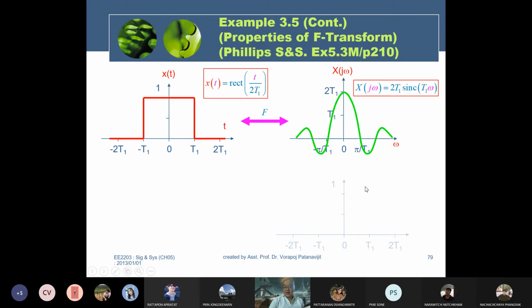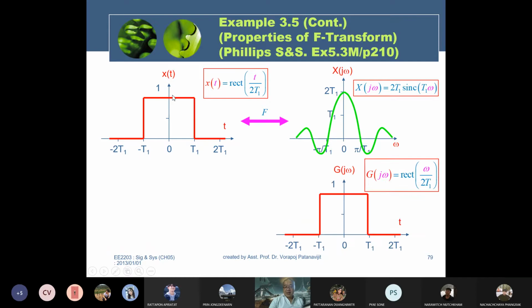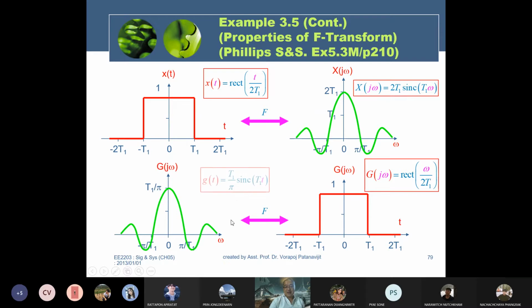You can see that if you have this rectangle shape, by duality x(t) in time should be the sinc function, but it must correspond with the width and the height of this G(ω).